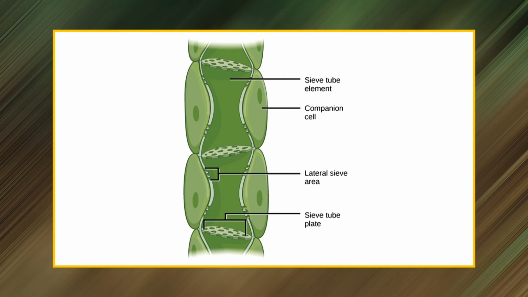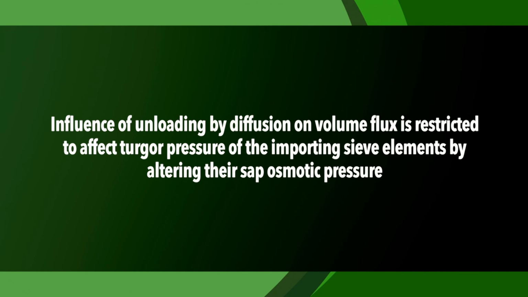As the volume flux of imported phloem sap rises, sieve element unloading by bulk flow is anticipated to be of increasing significance. The influence of unloading by diffusion on the volume flux is restricted to affecting the turgor pressure of the importing sieve elements by altering their sap osmotic pressure.